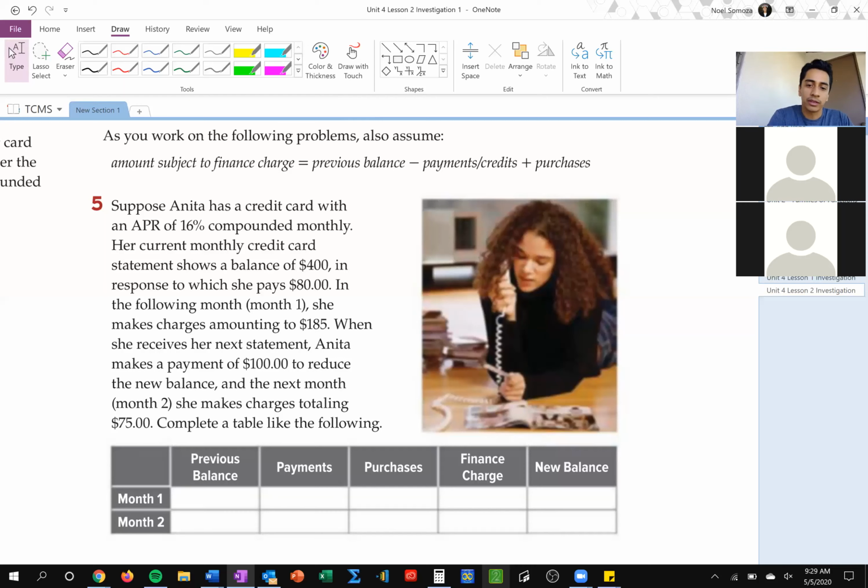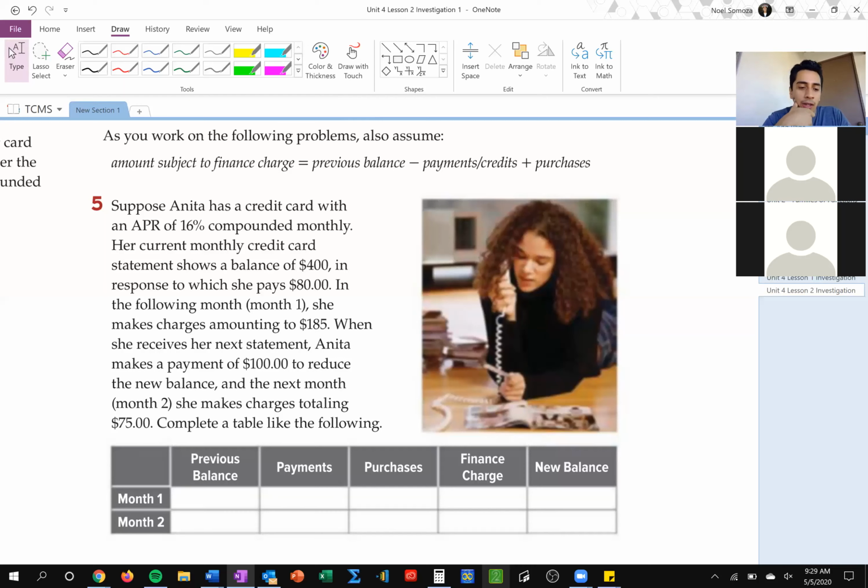So this is her situation. She started with 400, she pays 80, but then she bought $185 worth of stuff. When she receives her next statement, Anita makes a payment of $100 to reduce the new balance, and then she makes a charge totaling 75. So complete a table like the following.